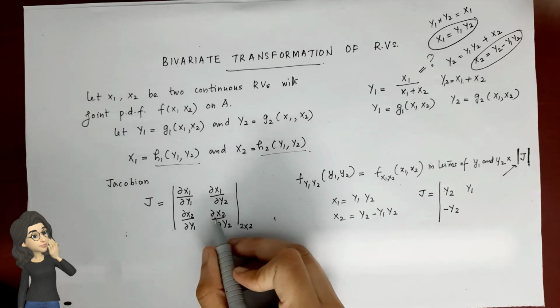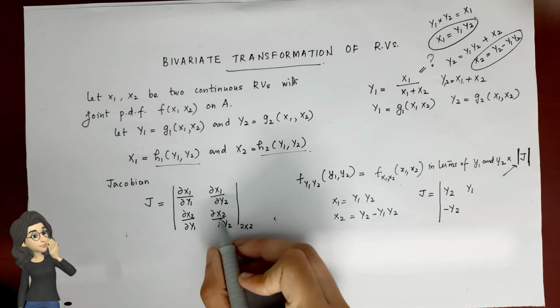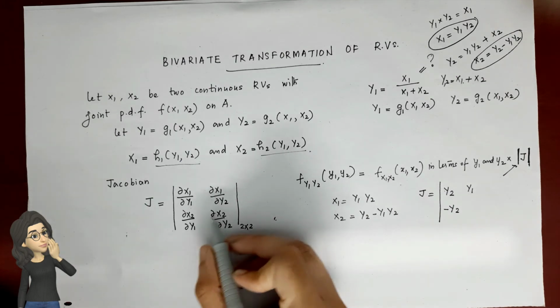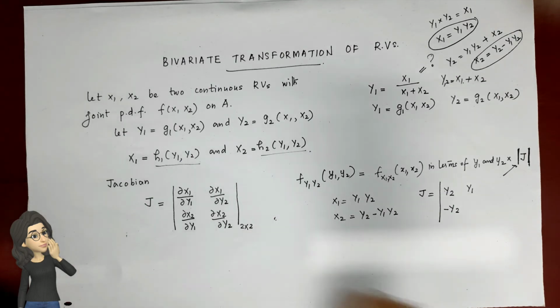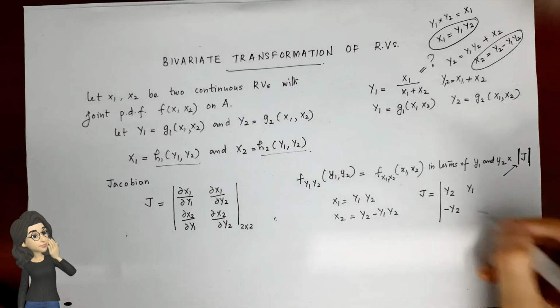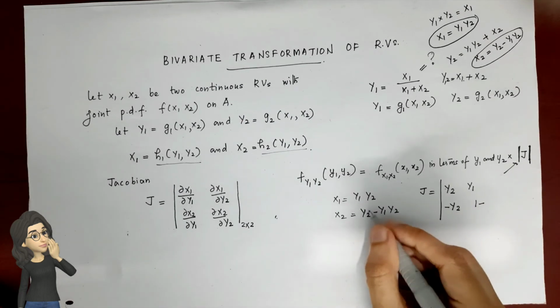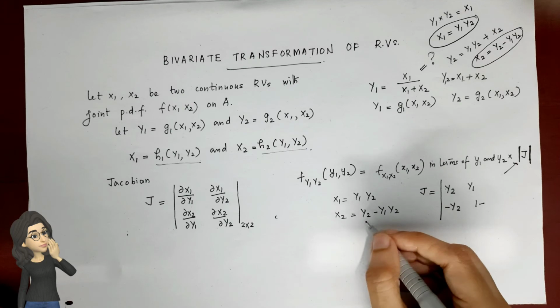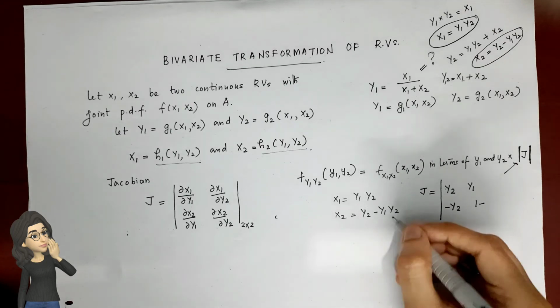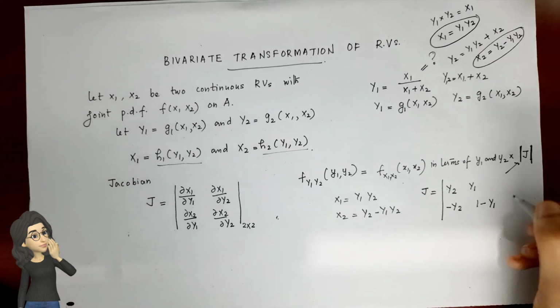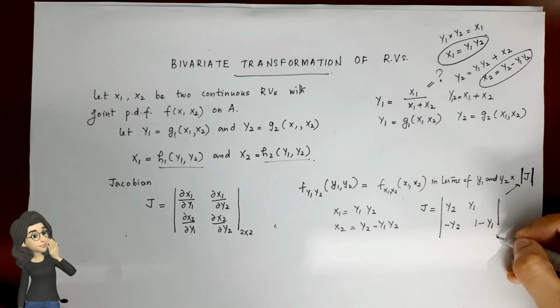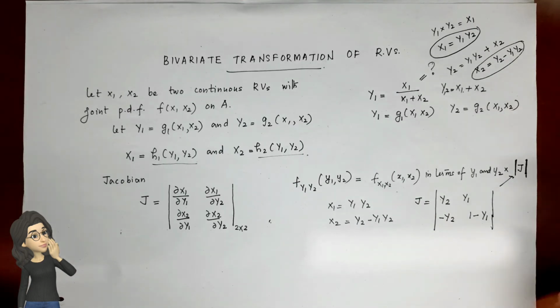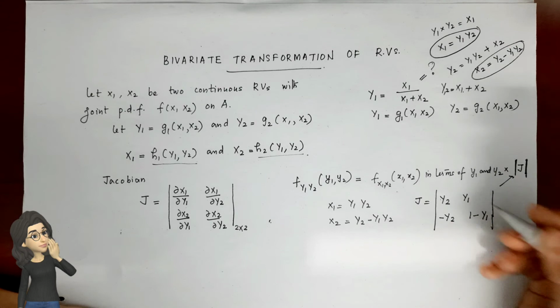And dou x2 divided by dou y2, the derivative of x2 with respect to y2, is 1 minus y1. So we are required to find the determinant.